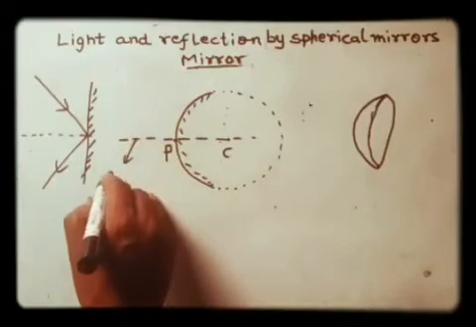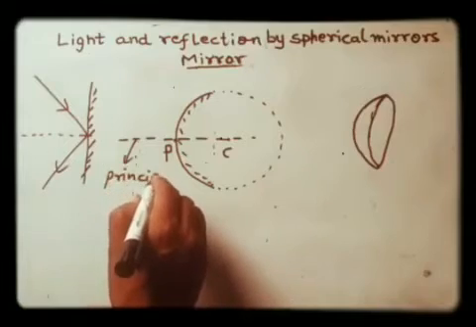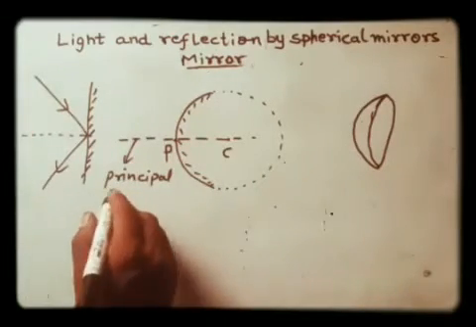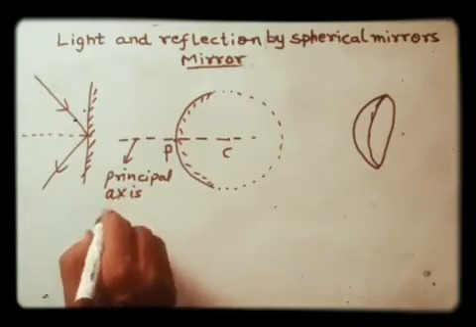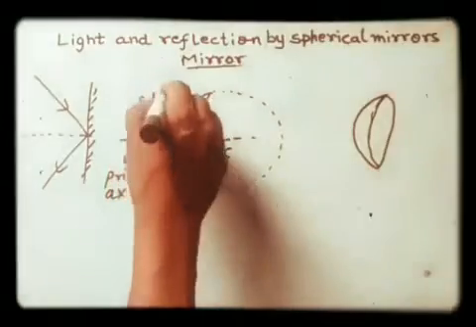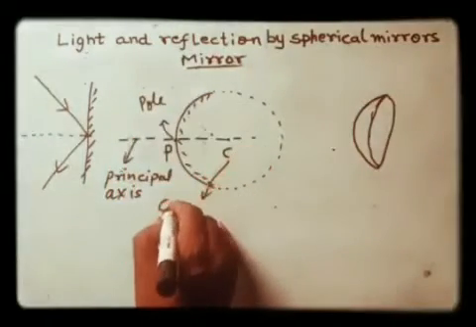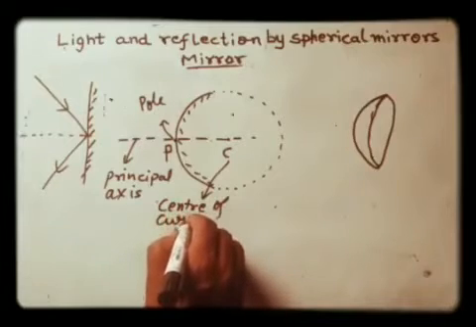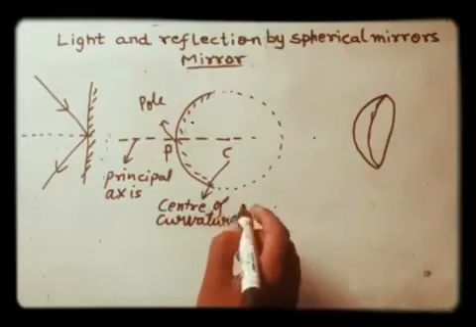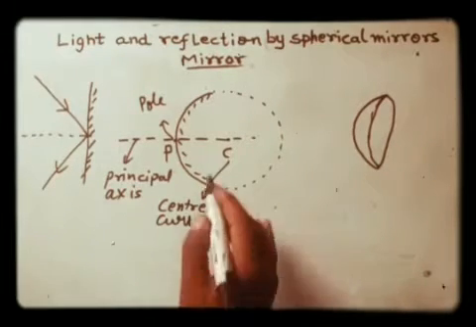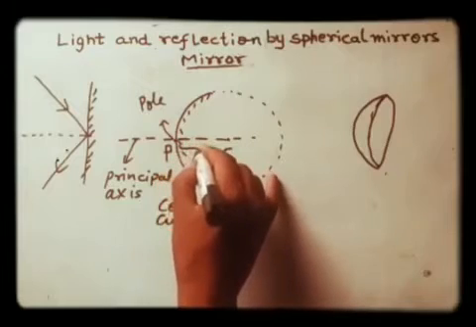So this is the principal axis, and this is the pole, and this is the center of curvature. So these are the terms related with this mirror. Other than that, there is its radius also.